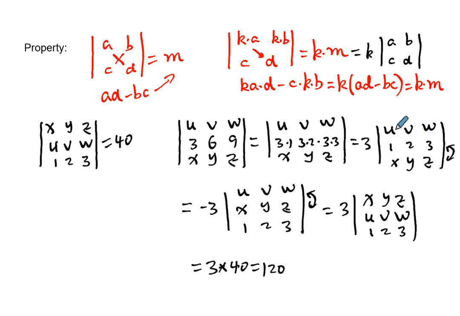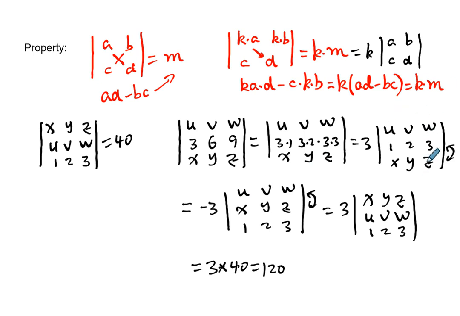Let's see how we actually got this one from here. Look, here is the constant on row 2, and here is the constant on row 3. So if we exchange those, then we switch the sign. Leave the first row, U, V, W alone.